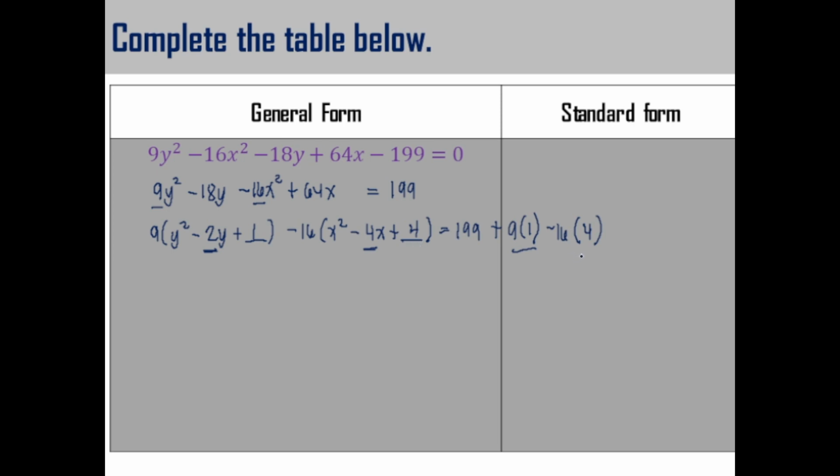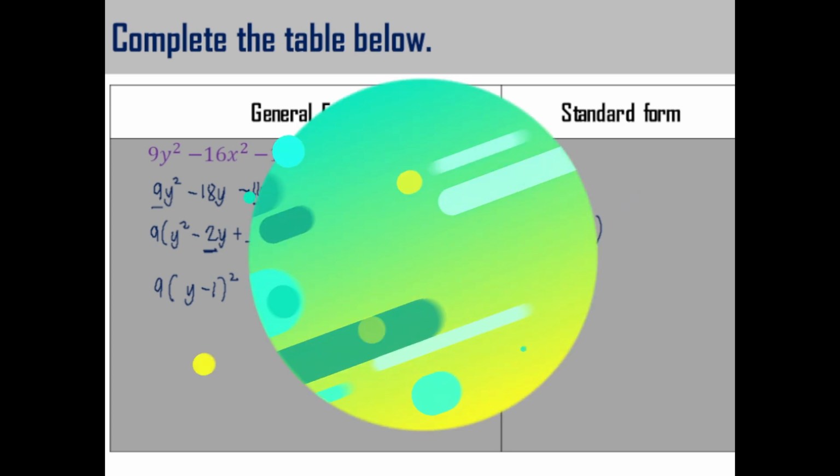Okay, I hope that's clear. Okay, so ito yung magiging 9 times y minus 1 squared minus 16 times x minus 2 squared equal to, can you please press on your calculator, then type here your answer. 199 plus 9 times 1 minus 16 times 4.